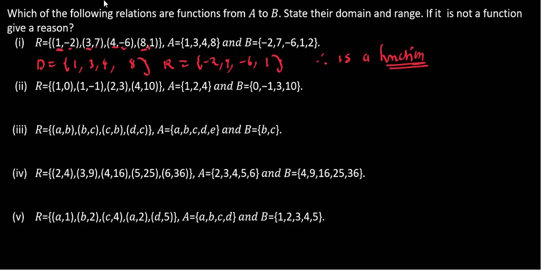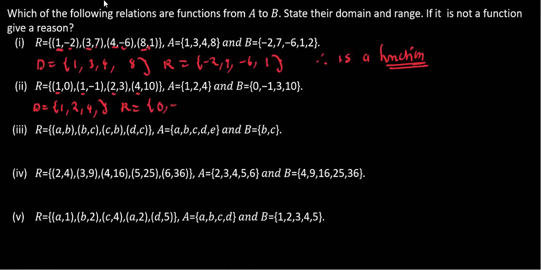Okay, how about the second one? If you check out, you have 1 here, 1, okay, 2, then 4. So let's check out the domain. 1, 2, then 4. So only just 1, 2, and 4, right? How about the range?